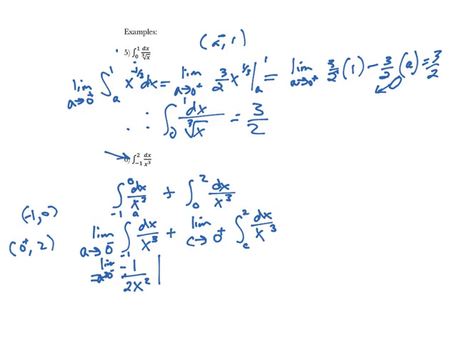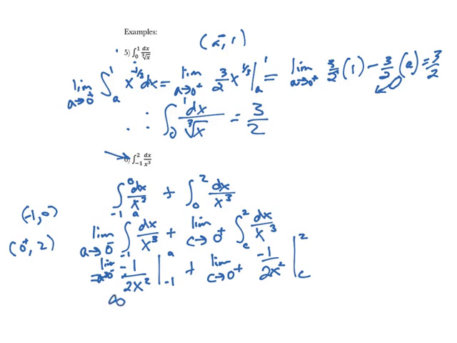This is negative 1 to a, plus the limit as c approaches 0 from the right of negative 1 over 2x squared from c to 2. So if I plug in a, that's going to be 0. So 1 over some very, very small number is going to be a really, really big number, so that's going to be infinity.